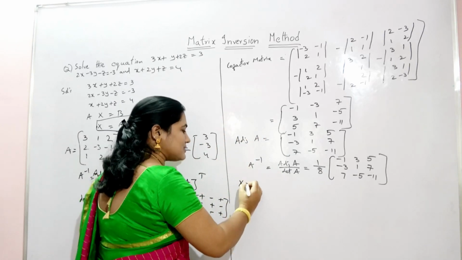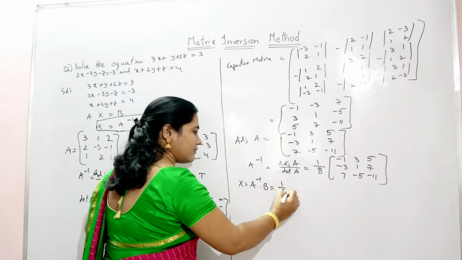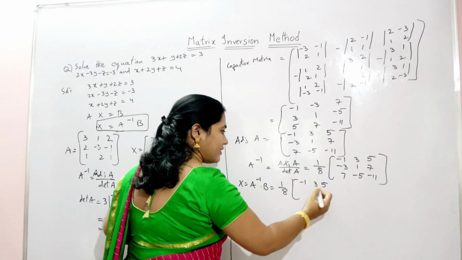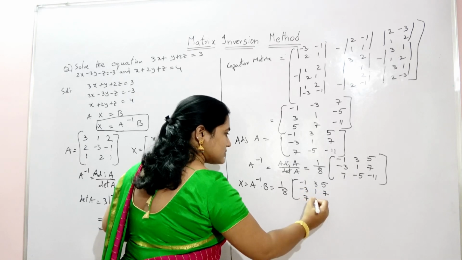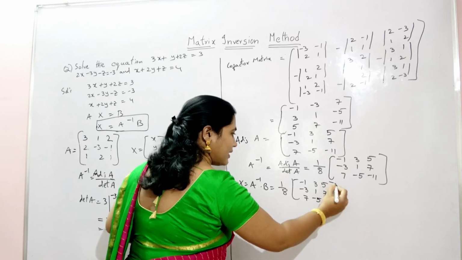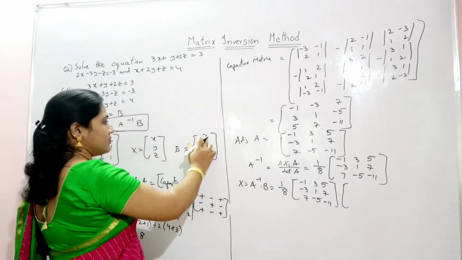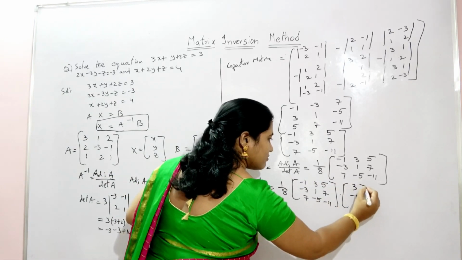Now X equals A inverse into B. 1 by 8 and the matrix -1, 3, 5, -3, 1, 7, 7, -5, -11 into the constants B, 3, -3, 4.